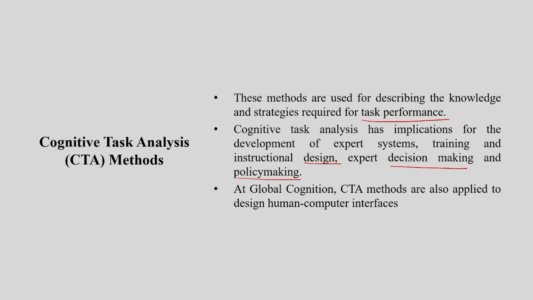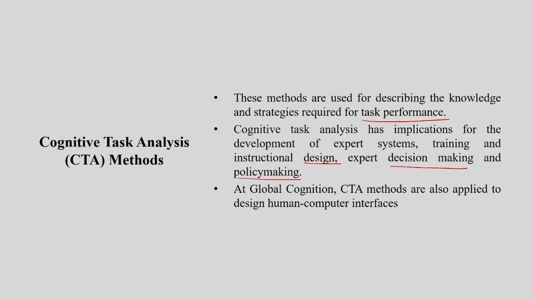For more understanding about the system, you can refer to the earlier MOOCs course, that is Ergonomics Workplace Analysis. So, at the global cognition level, cognitive task analysis methods are also applied to design human computer interaction. Here human computer interaction does not mean only the literal computer.